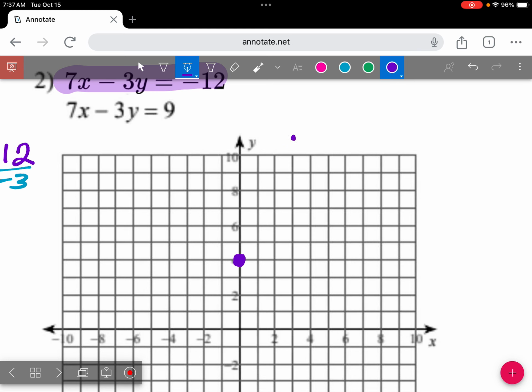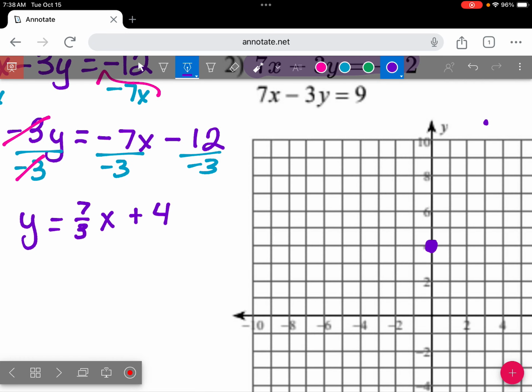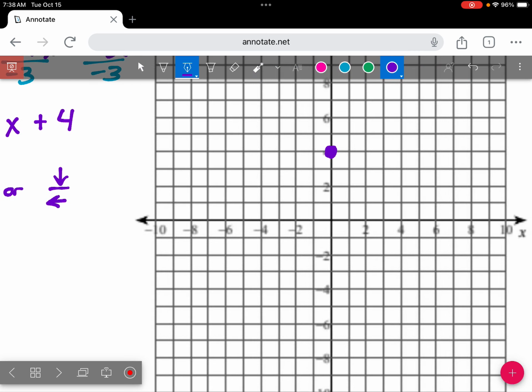We normally go up and right, but if I go up 7, that puts me off the edge of my graph. So up and to the right, or we could go down and left. As long as I flip both, it still counts as a positive slope. So down 7, left 3, which should be here.